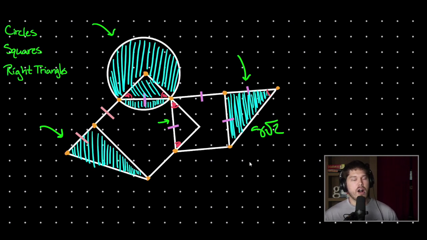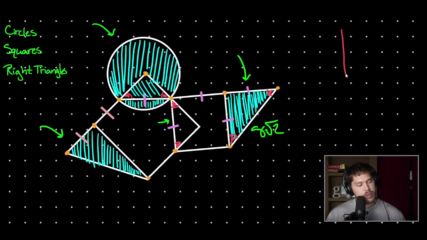So first, on this right hand side right triangle, notice that both the legs are congruent to one another. Therefore, the angles opposite the legs must also be congruent to one another. Therefore, we have a 45, 45, 90 right triangle.